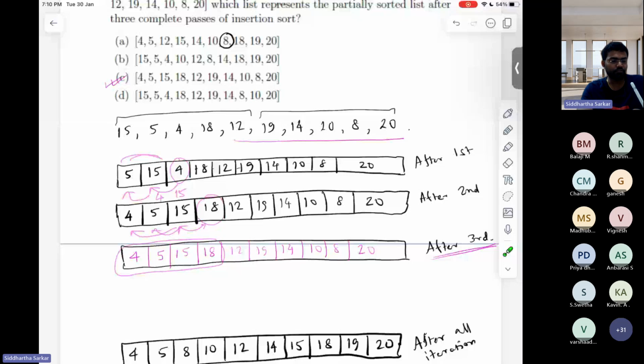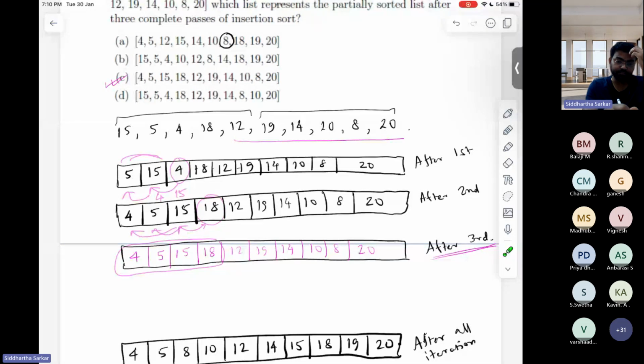Now anything to the left of 15 is already smaller than 15, because this part was sorted at the beginning of the third iteration. So anything to the left of 15 was also smaller than 18. So there is no reason to do any more comparisons of 18 with the rest of the elements to the left of 15. That is why one comparison is sufficient.